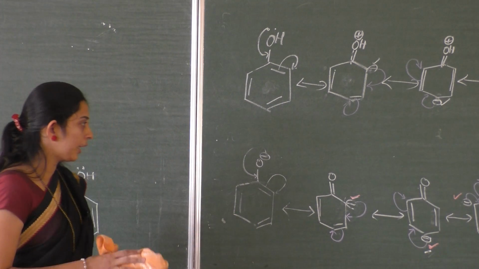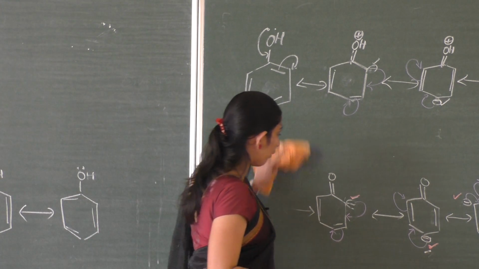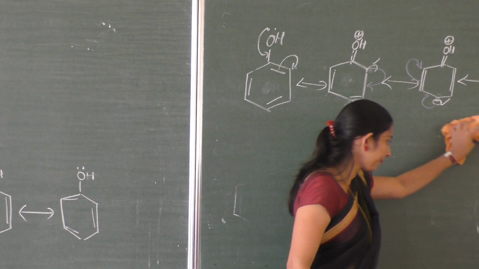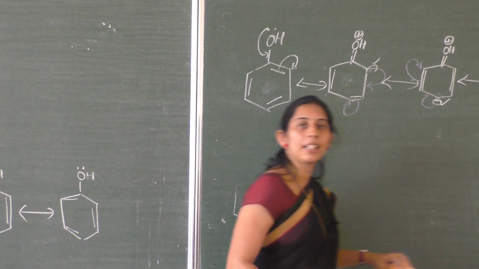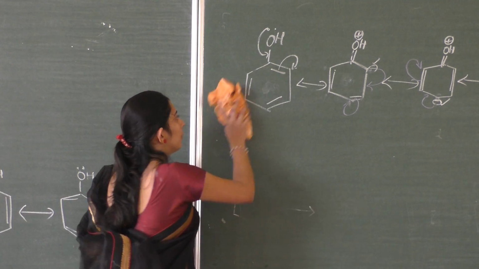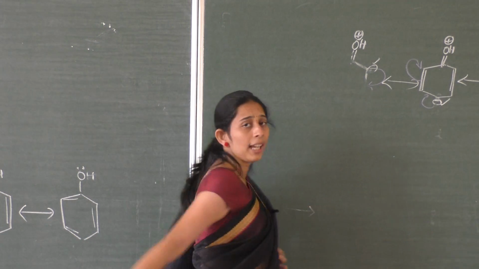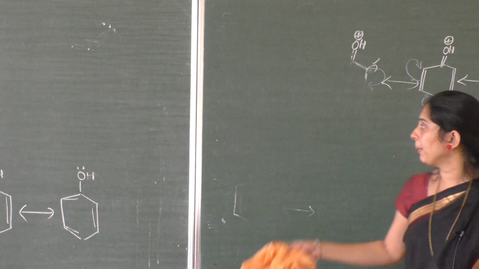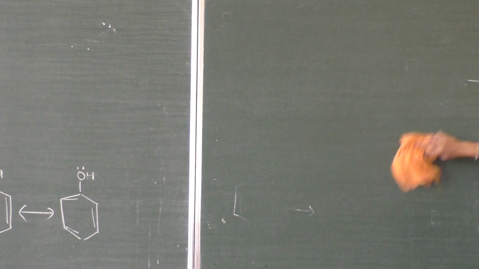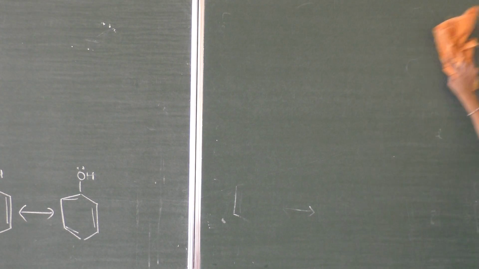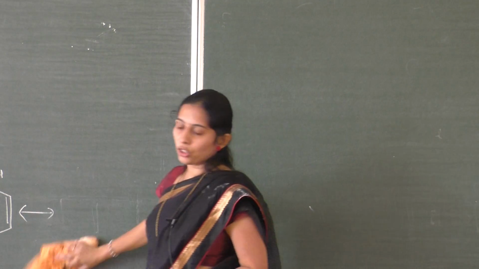Next we will move on to some of the reactions of phenol, how it reacts with other molecules. All the reactions of phenol are mainly based on the resonance structure.